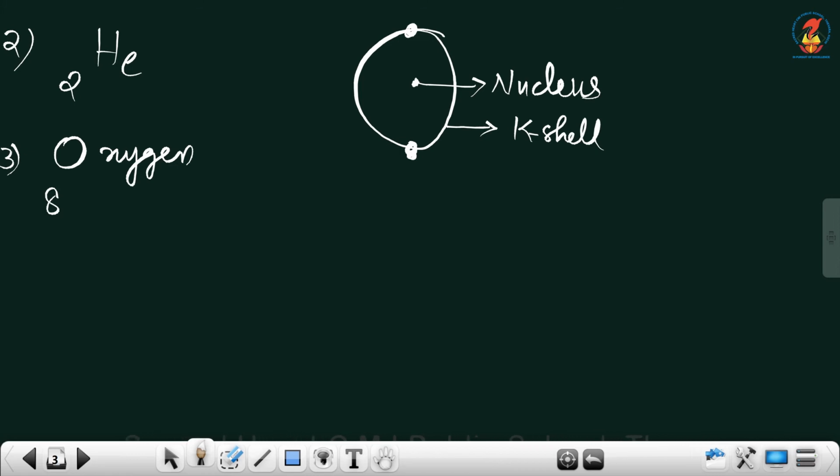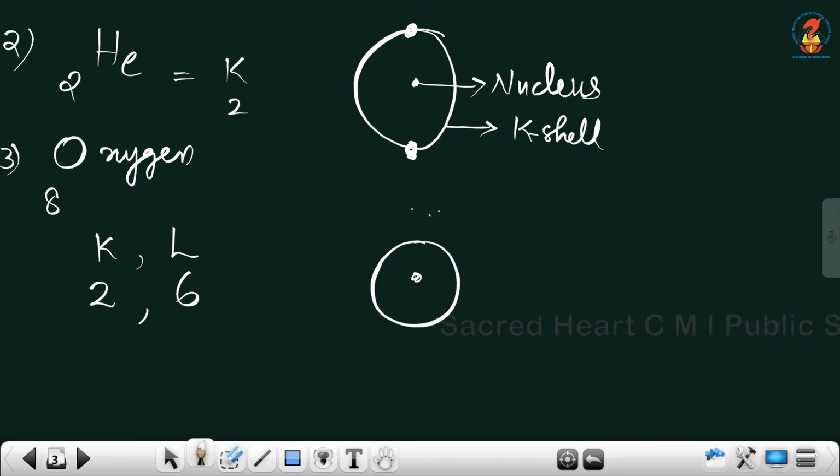At that time we can see the electronic configuration as: K shell contains 2 electrons, and the L shell will contain the rest. From the 8, 2 is here, then the remaining 6 will come here. So, the electronic configuration for oxygen is 2, 6.